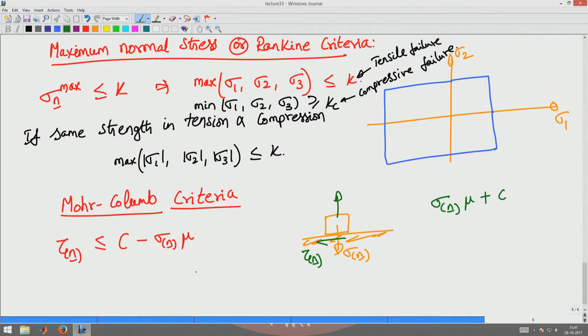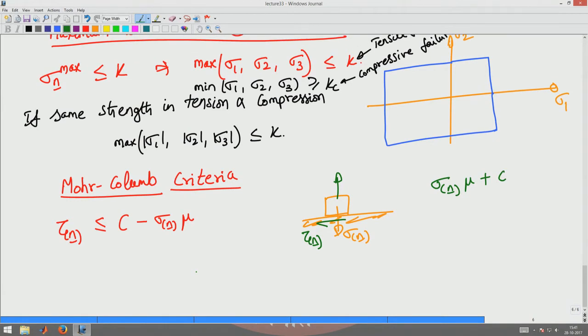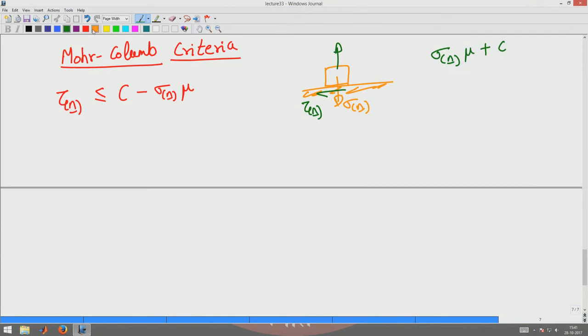Now, let us interpret this equation in terms of the Mohr circle. In terms of the Mohr circle, I have tau of n on this axis and sigma of n on this axis. What this tells you is that the relationship between tau of n and sigma of n is given by C minus tan phi, or coefficient of friction, times the normal stress.